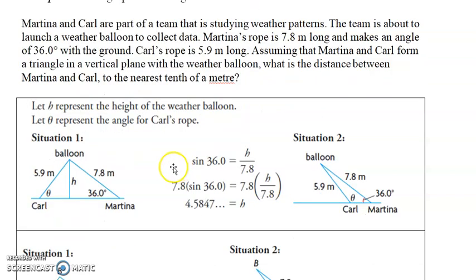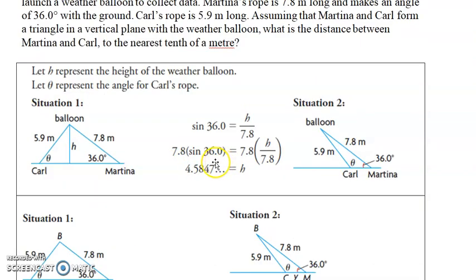So there are a couple of situations you could draw here. You could have Carl on the west side of the balloon, and Martina on the east side of the balloon. Or you could have Carl and Martina both on the east side of the balloon with all the same data.